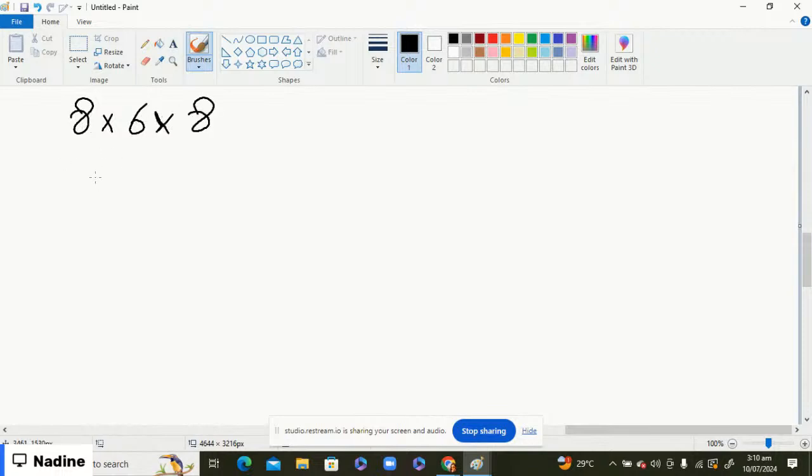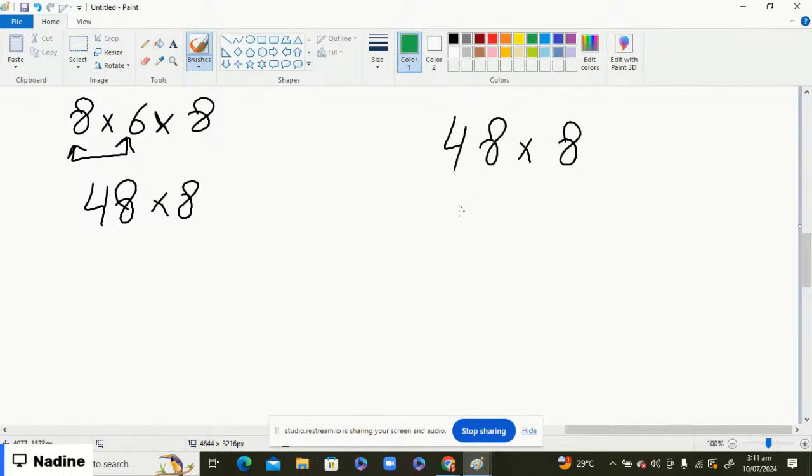Now multiply 8 times 6 first of all, these two numbers firstly. 8 times 6 is 48, and then times 8. So let's put it here, 48 times 8.